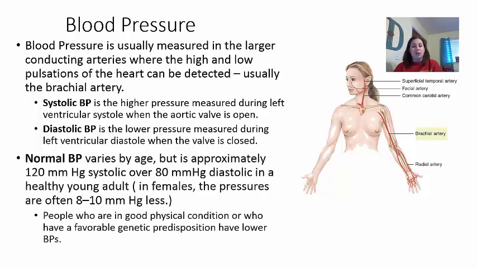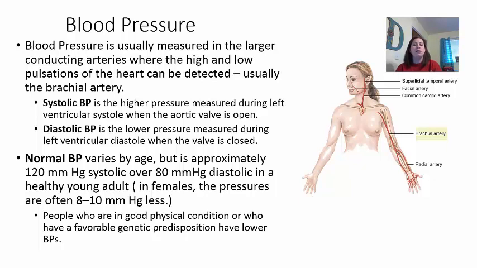Now, normal blood pressure is going to vary by age, okay? So it's going to depend on age and even depending on sex, whether you're male or female. But it is approximately 120 over 80, okay? This is 120 millimeters of mercury, the systolic pressure, over 80 millimeters of mercury, which is the diastolic, in a young, healthy adult. In females, because their bodies are a little smaller, they have less blood to push through, the pressure is 8 to 10 millimeters of mercury less.